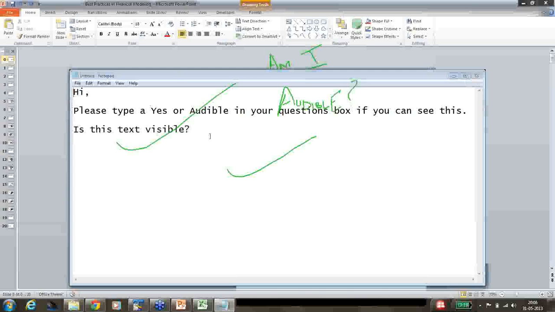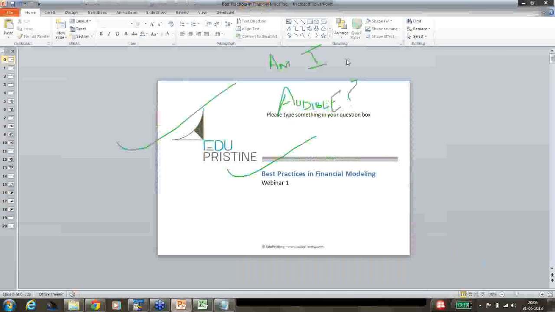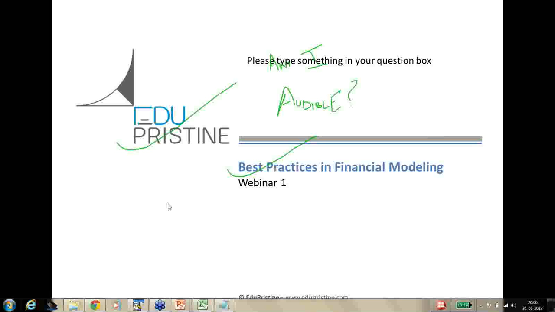Now I think let us start with today's session. Today I'll talk to you about some common best practices that we should follow in financial modeling. Before I start, can you let me know, Ding, what is your background, and is there anything specific that you would like to learn in today's session?